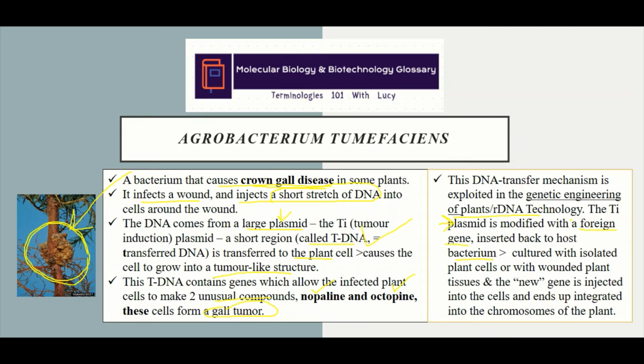This foreign gene is going to be incorporated into the Ti plasmid, then inserted back into the host bacterium, which is Agrobacterium tumefaciens, and then we culture this bacterium with isolated plant cells or the wounded plant tissues that we want to get our foreign gene, and the new gene is eventually injected into the cells and ends up being integrated into the chromosomes of the plant.